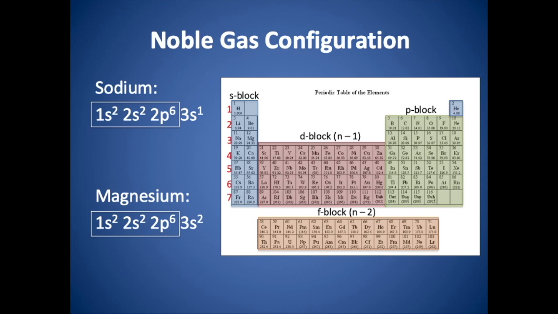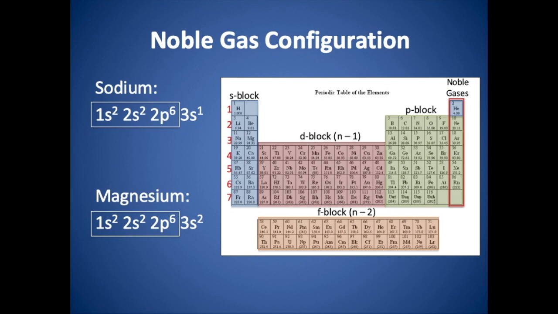So this got really repetitive, so a long time ago scientists decided to do a shorthand for this. They noticed that the noble gases over here on the right of the periodic table are the ones that basically have full valence electrons.